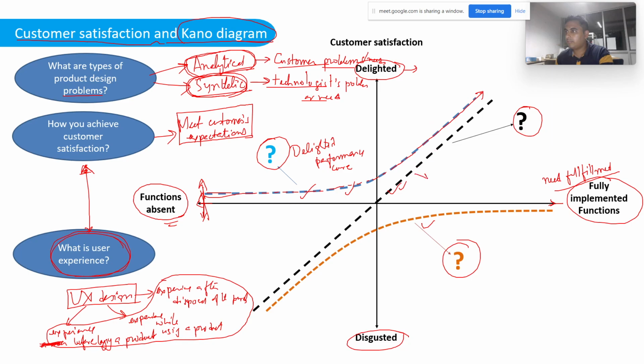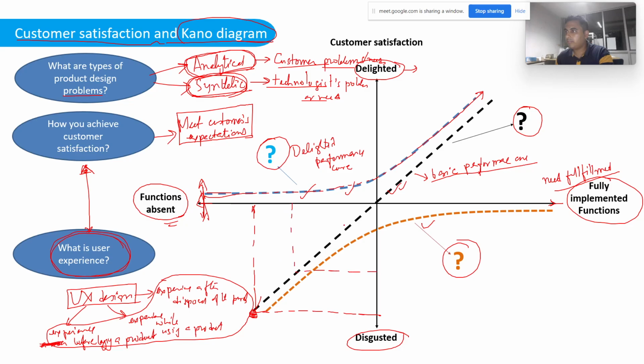The black curve represents a basic performance curve, which is basically the idealistic scenario. That means whenever a product does not have features, you have a disgusting experience, a bad experience. No features, fewer features means bad customer satisfaction.